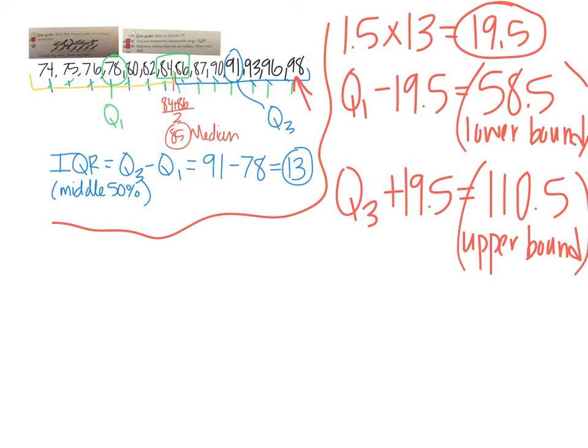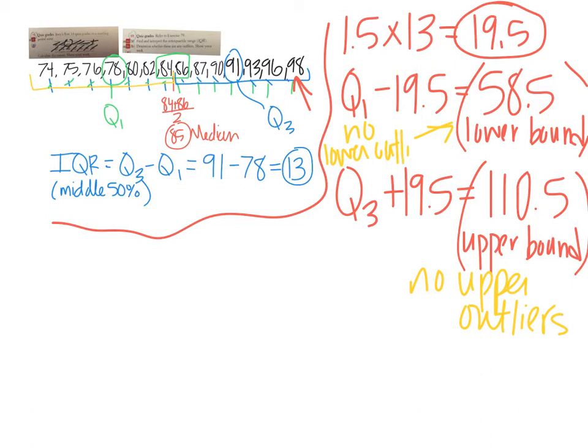So there's going to be no upper outliers. No outliers on the right half. And actually 58.5, that's way lower than our lowest grade of 74. So there's going to be no lower outliers either.